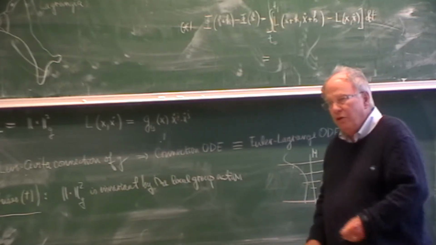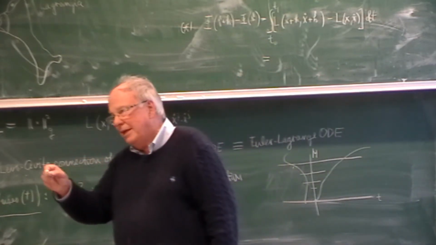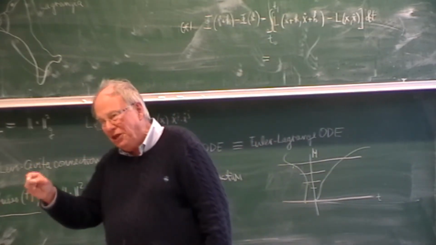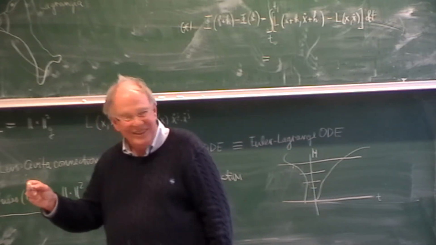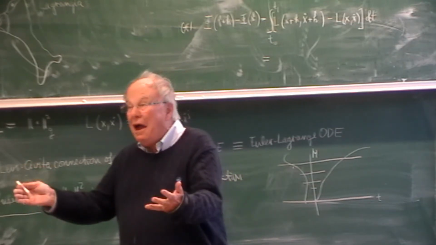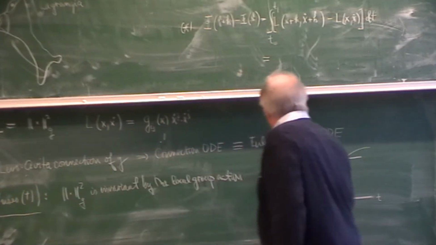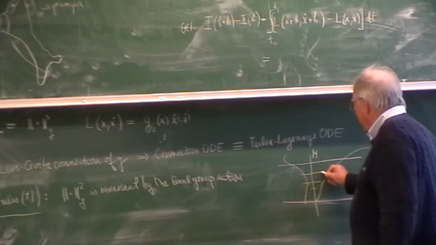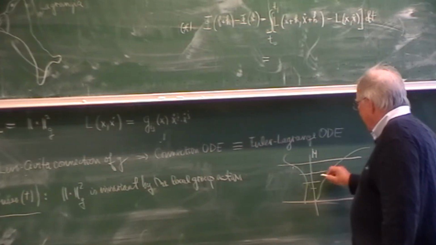One parameter group action means G of T plus S is equal to G of T composed with G of S. Yes, that's all there is to it, wherever it's defined, wherever it makes sense. Because you might integrate out to something, and then you might integrate too far, and so on.